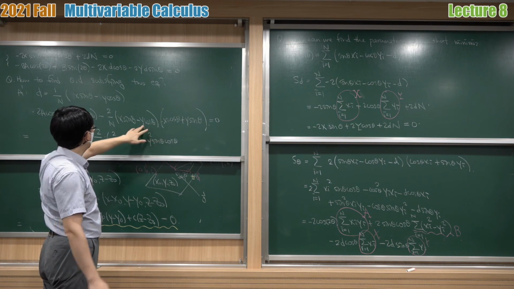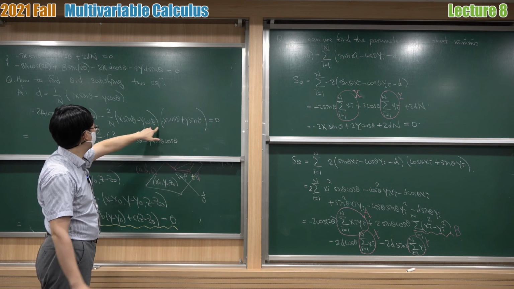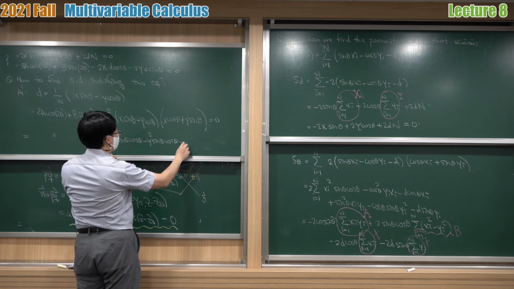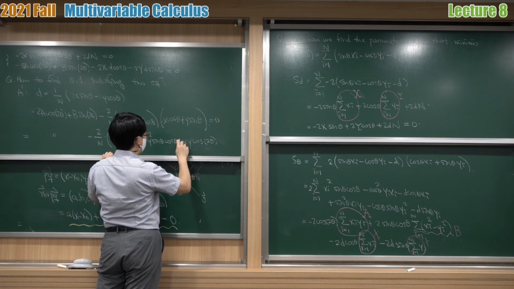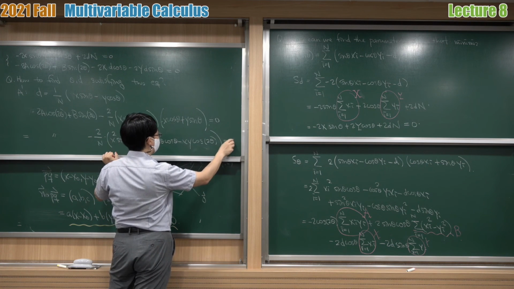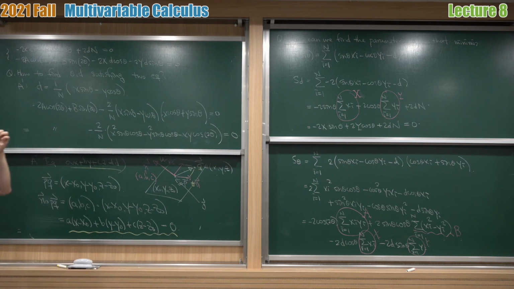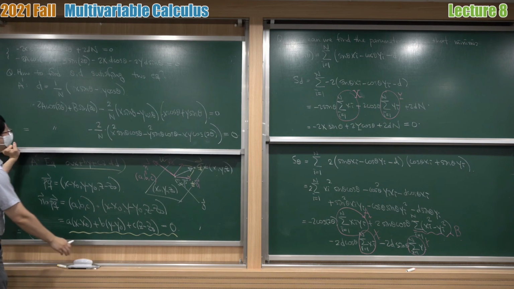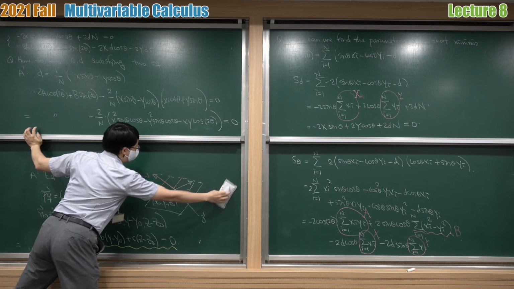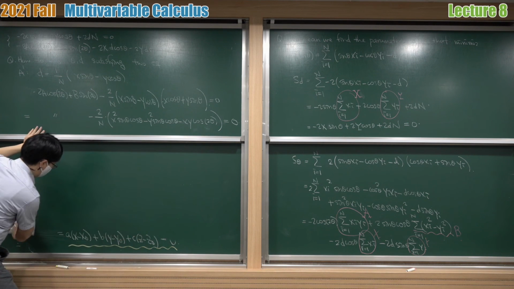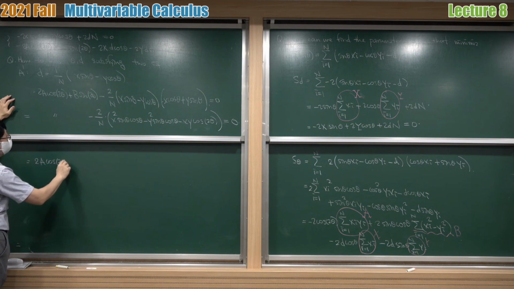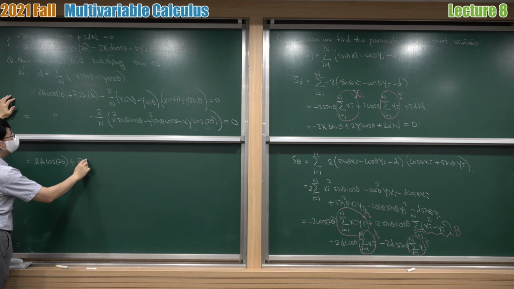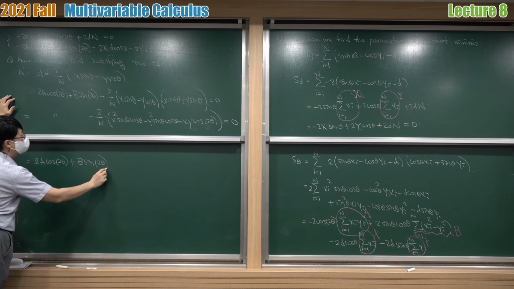We have xy, sine square minus cosine square. So minus xy of cosine 2 theta. Okay, should be equal to 0. I'm trying to make it as simple as possible, more concise. So it's 2a cosine 2 theta, and it's b sine 2 theta.